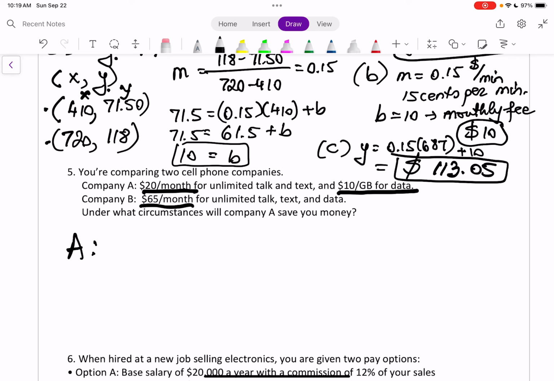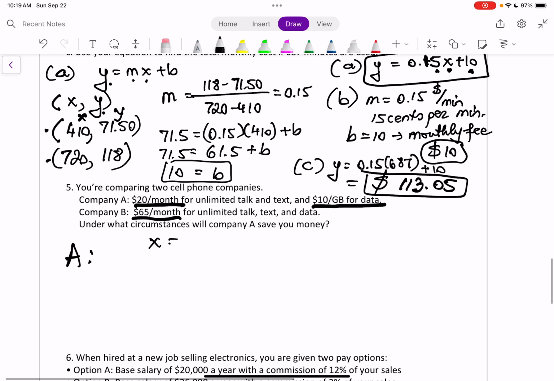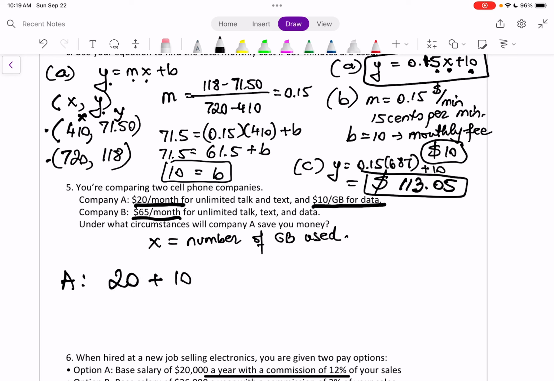So let's say X is the number of gigabytes used, then this is the cost in company A. Company A is charging you $20 and then $10 for each gigabyte, right?